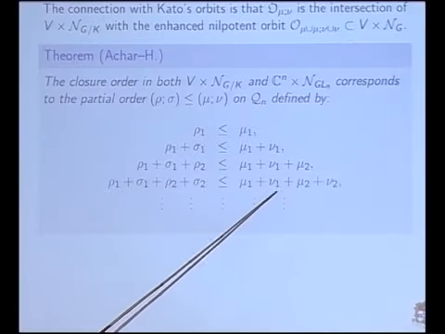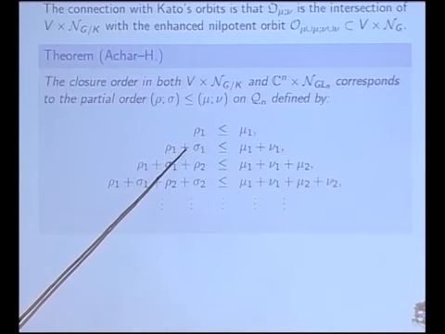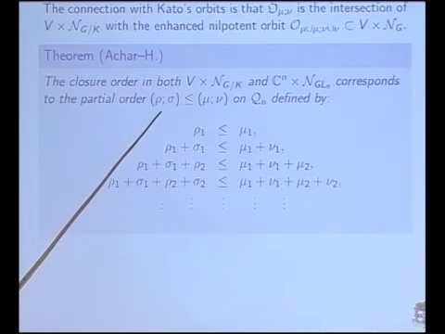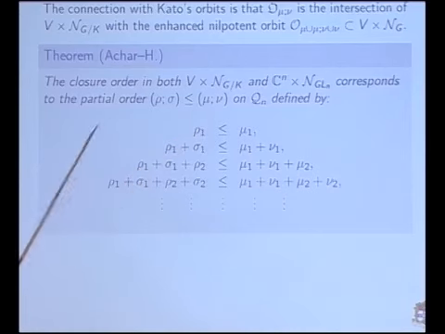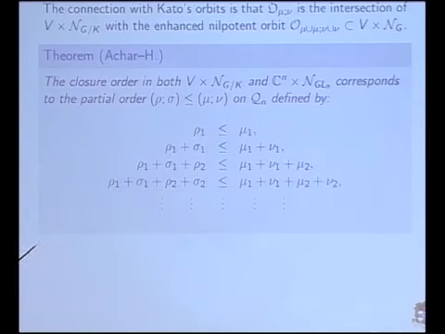One of the points involved in proving this was that we needed some sort of interpretation in terms of these nilpotents of what these quantities mean. Half of these inequalities are easy to interpret. That inequality there and that inequality there and all the ones in even positions just tell you that rho plus sigma, which is the type of the nilpotent here, is dominated by the type of the nilpotent here. So that part of the partial order is easy to understand.